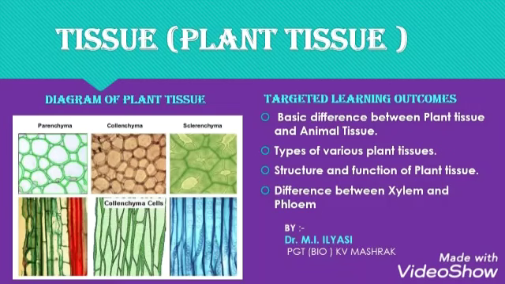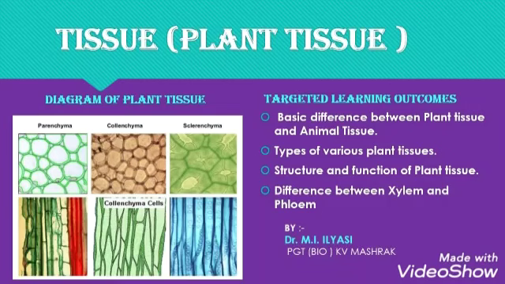Another tissue is cork. This is the outer protective tissue which replaces the epidermal cells in older roots and stems.